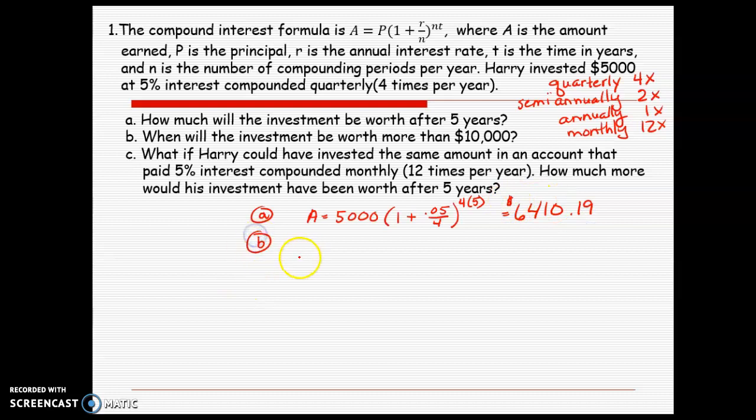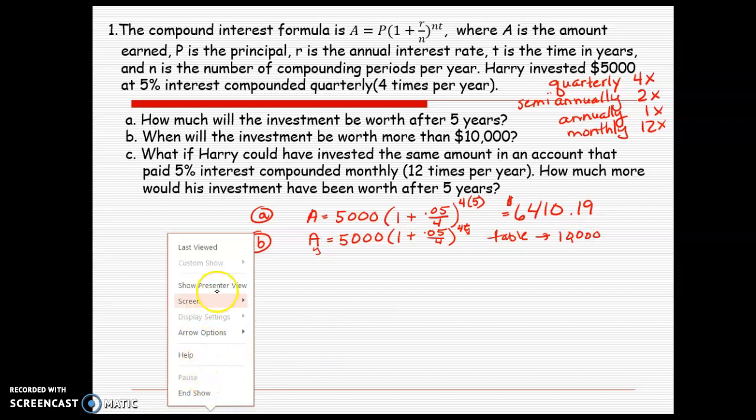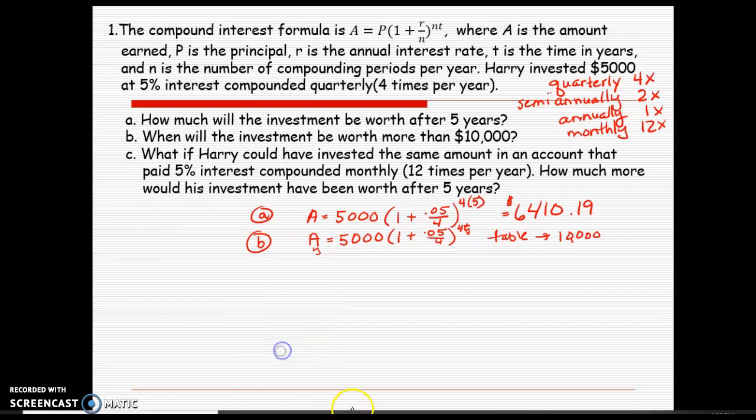When will the investment be worth more than $10,000? So you've got this, only you're going to put it to the X, or to the T, for T. We'll use Y and X at Desmos, and then you'll have to put that table in. And you want it to be $10,000. So we're going to go back to Desmos.